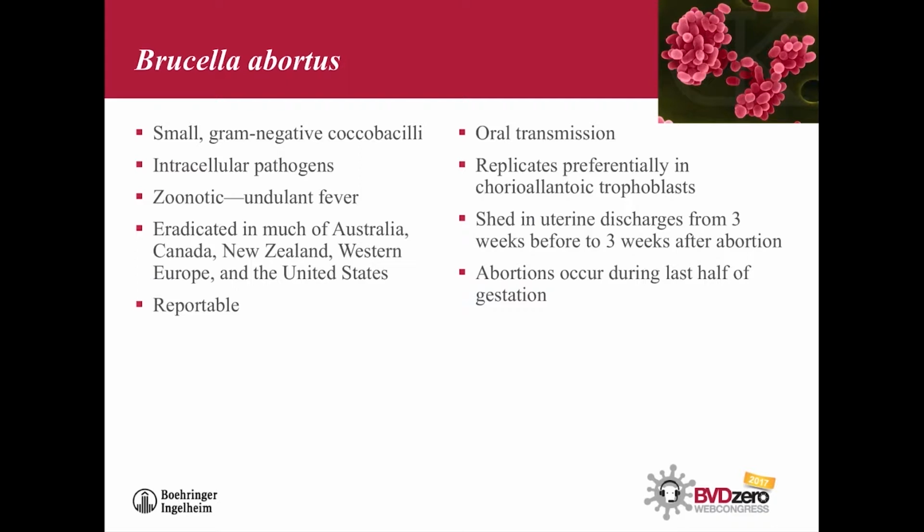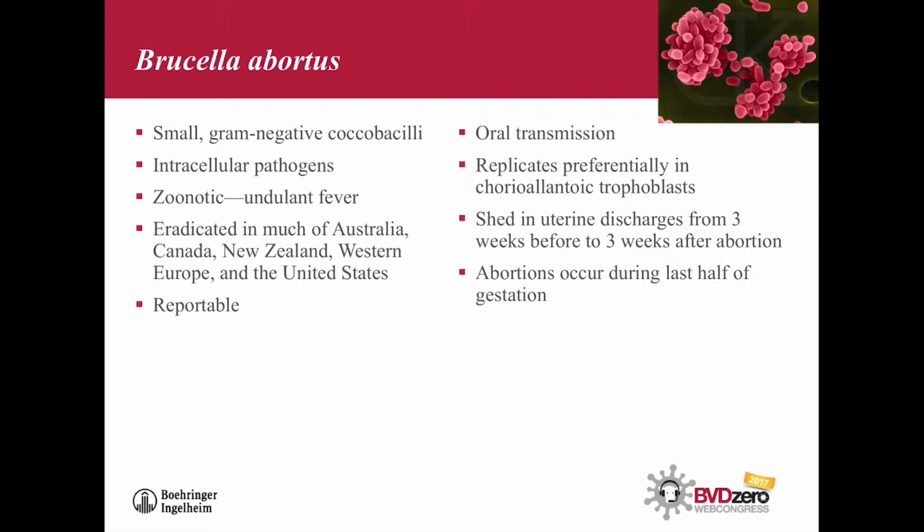It's transmitted orally. Interestingly, it replicates preferentially in the placenta of cattle. There's a certain sugar in the placental tissues that causes this gram-negative organism to replicate in a logarithmic manner, a tremendous rapid growth, causing placentitis, causing abortion of these calves late in gestation.